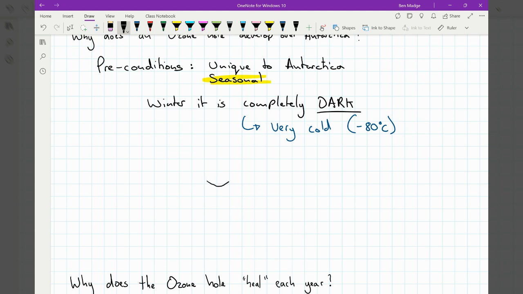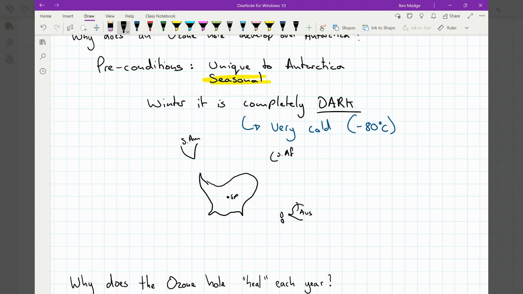So if we quickly draw a little sketch map of Antarctica. So this is meant to be Antarctica looking up at the South Pole. And so we have South America over here, and we've got South Africa over here, and we've got Australia and New Zealand over here.